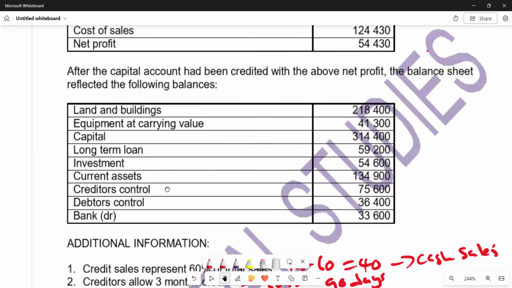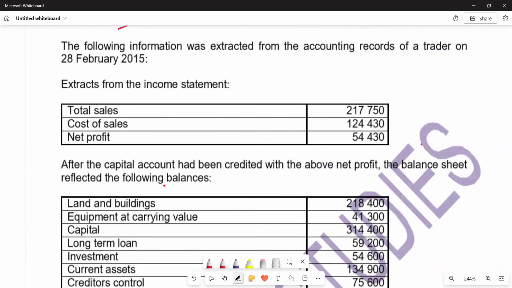You'll see that we are not given the figure for gross profit, but we can find it. Remember, when we calculate gross profit, gross profit is equal to our sales, and then we subtract our cost of sales. In this case, our sales is 217,750.